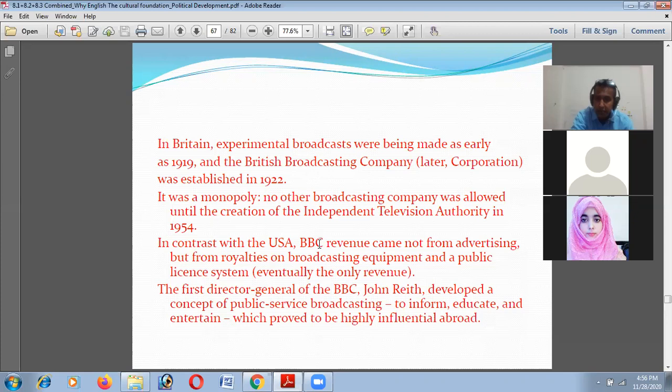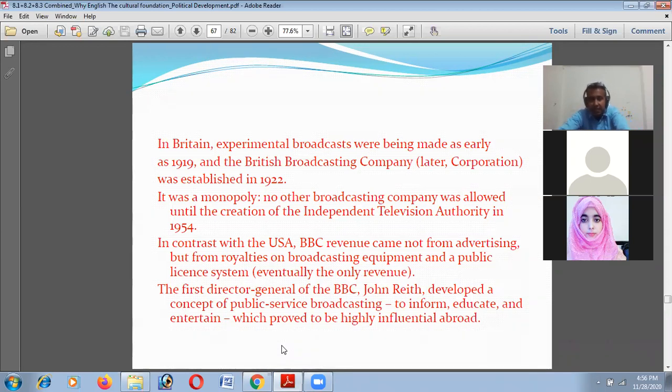In contrast to the USA, BBC revenue came not from advertising, but from royalties on broadcasting equipment and a public license system, eventually the only revenue. The first Director General of the BBC, John Reith, developed a concept of public service broadcasting to inform, educate, and entertain, which proved to be highly influential abroad.